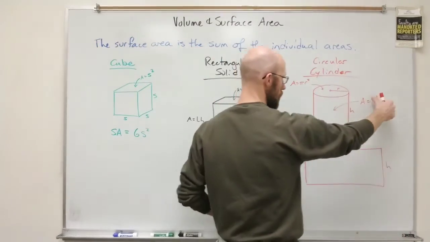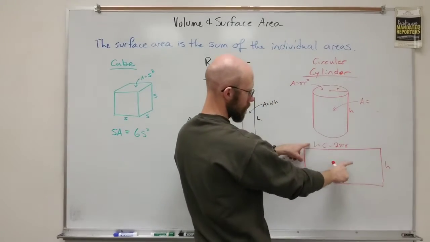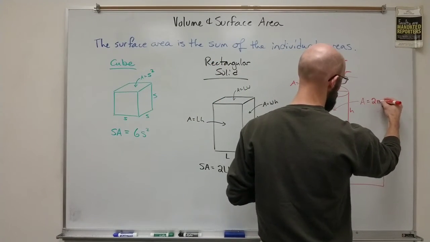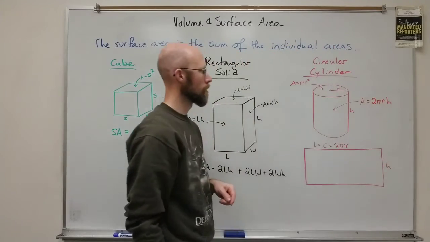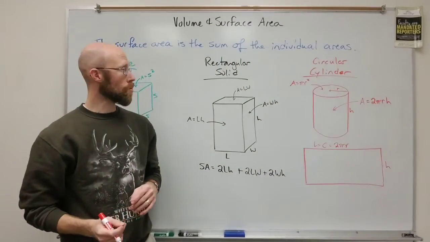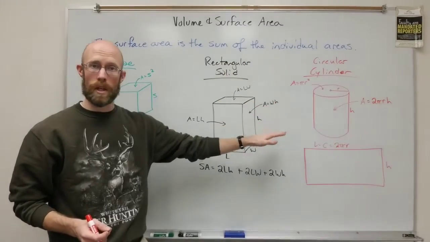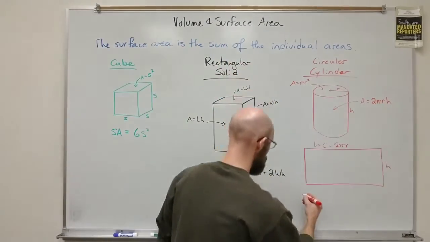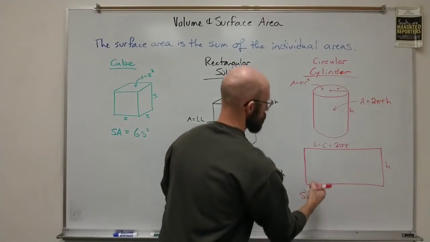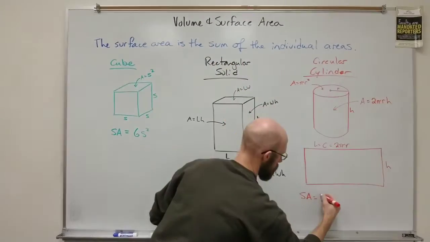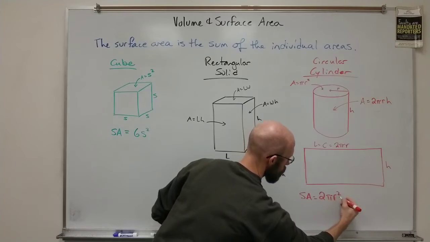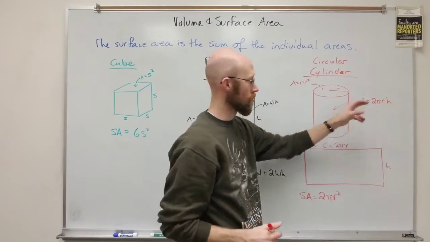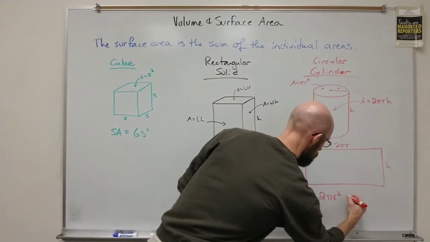So the area must be the product of the length and the width, which is 2 pi rh, right? And so when we find the total surface area for a cylinder, it's going to be 2 of the circles, so 2 pi r squared, plus this rectangle, the vertical surface, which is 2 pi rh.